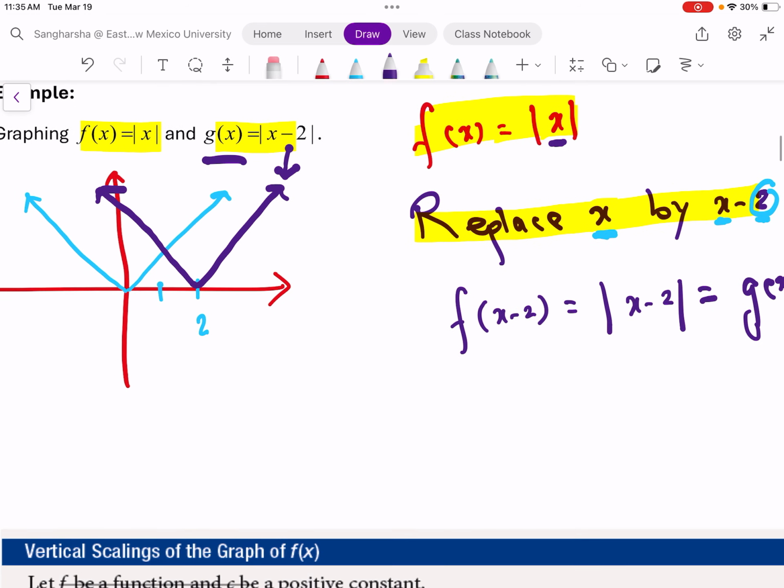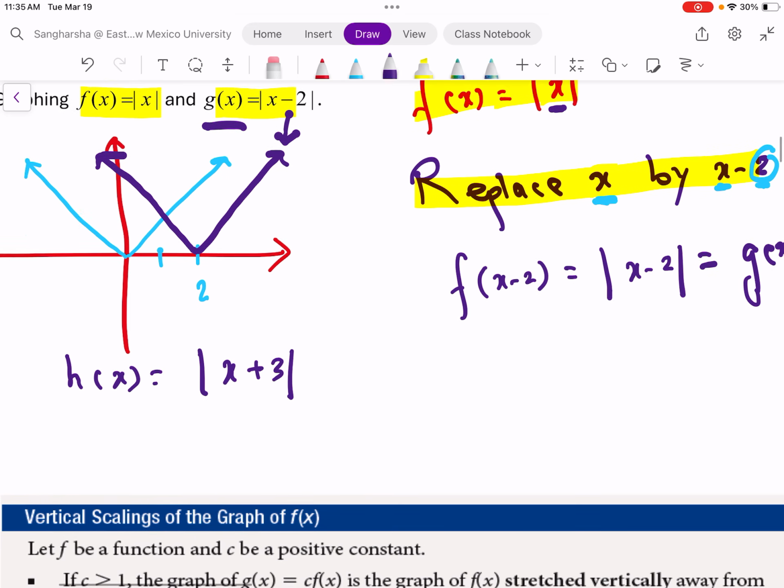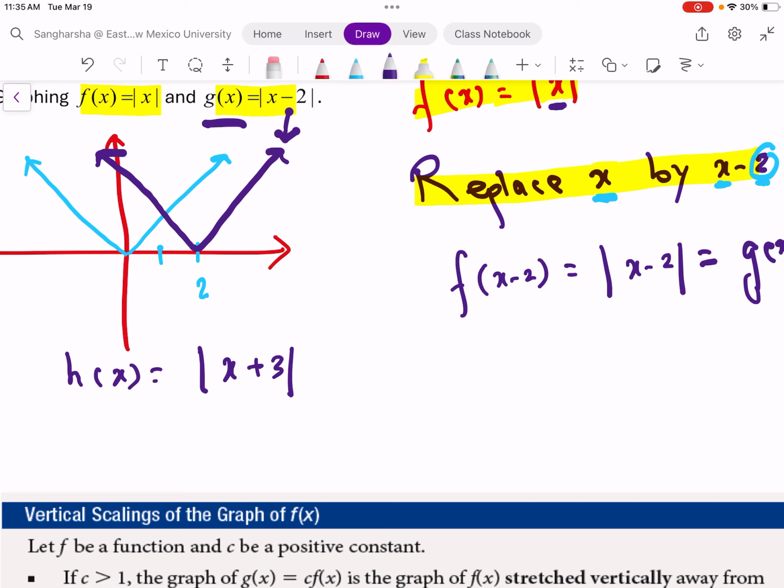Now, similarly, let me take a different function. H of x equals absolute value of x plus 3. Now, this is our new function. This is the absolute value function. So the basic function is f of x equals absolute value of x.